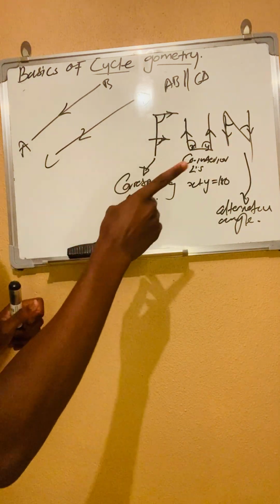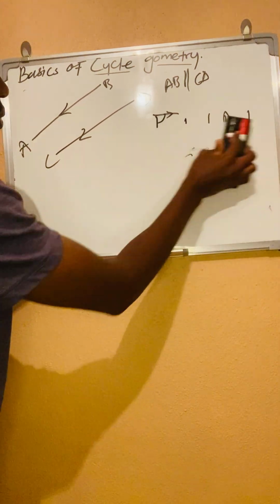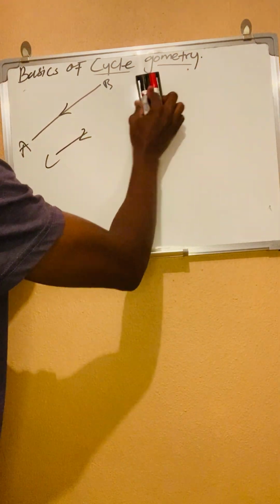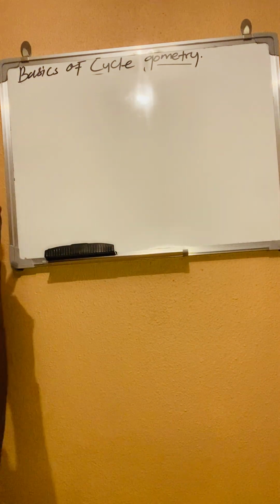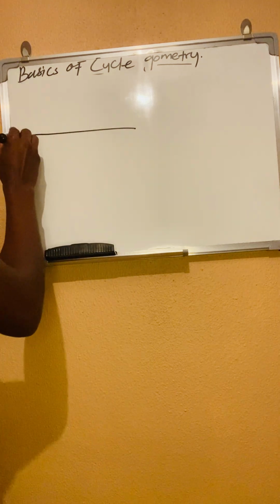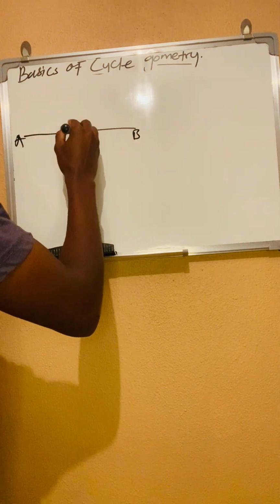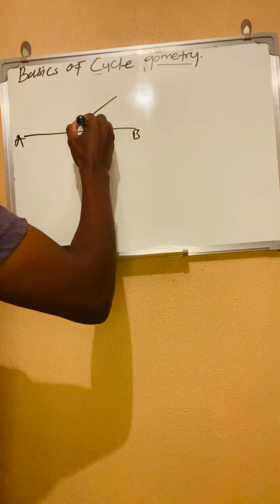So now, what else? Now we're going to triangles. Oh, before triangles, we have this one here. We call it a straight line. It can be joined by a certain line.